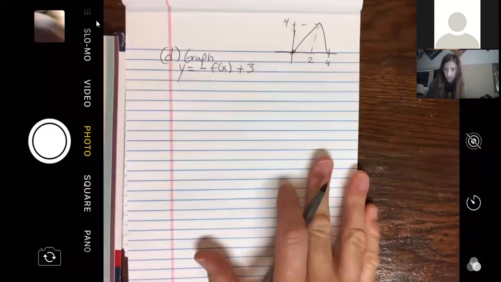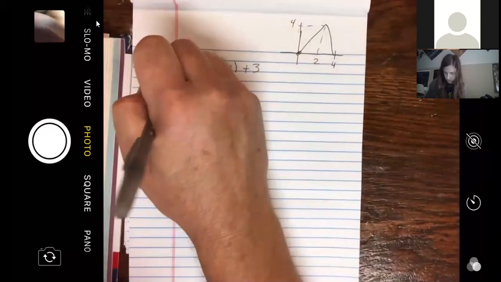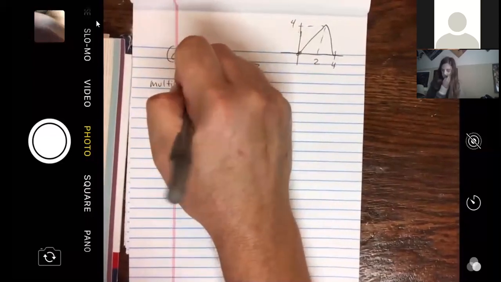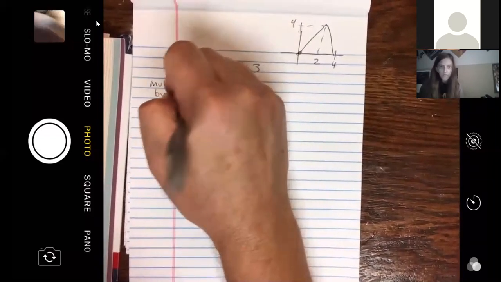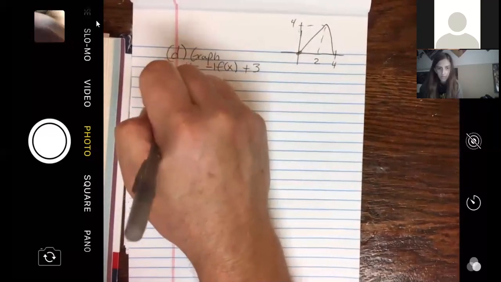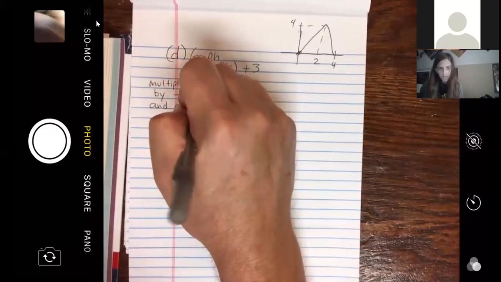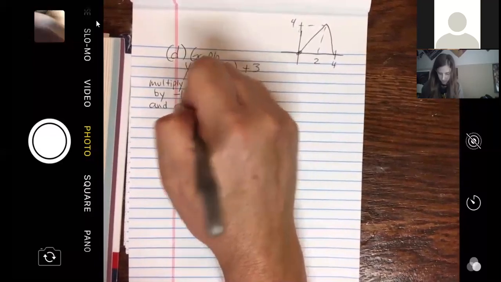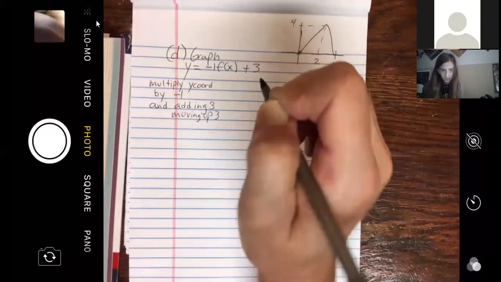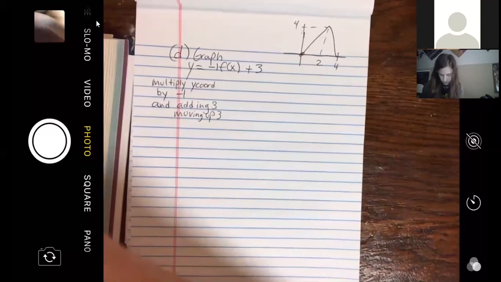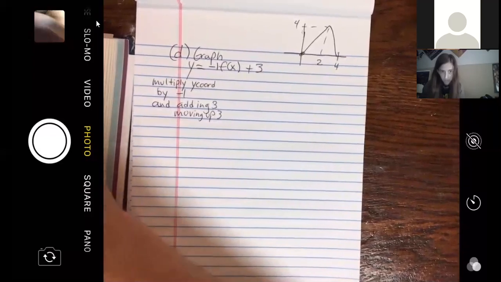Okay, you've got 2 things going on here. You're in effect multiplying your y coordinate by negative 1 and adding 3, which means you're moving up 3. The tricky thing about this is these things have to be done in a specific order, pretty much by the order of operations.